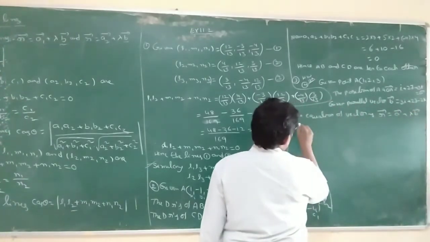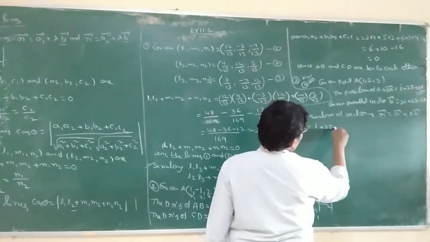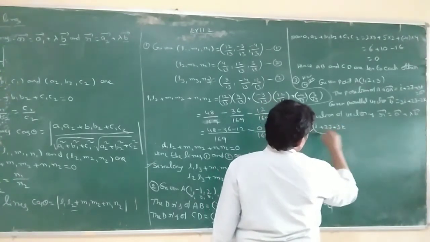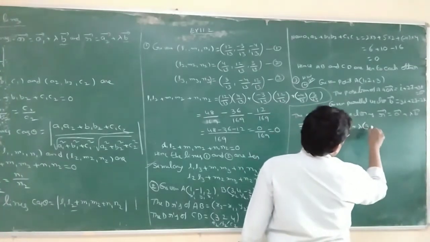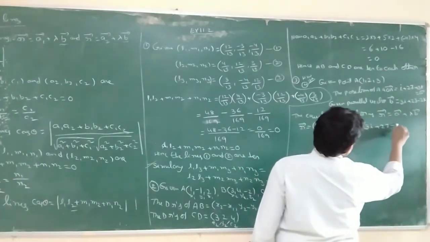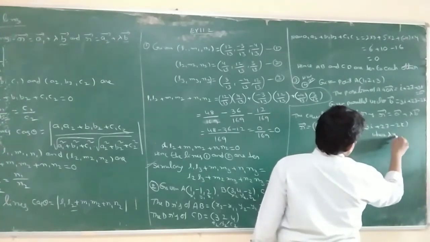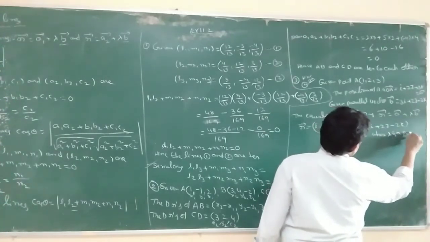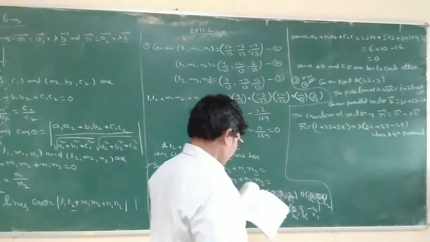So r bar is equal to, what is a bar? i plus 2j plus 3k, plus lambda into b bar, 3i plus 2j minus 2k, where lambda is a parameter.